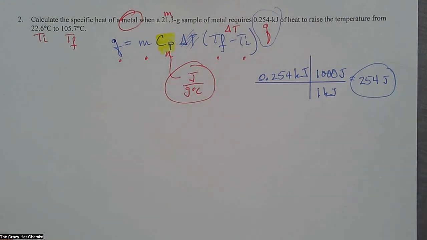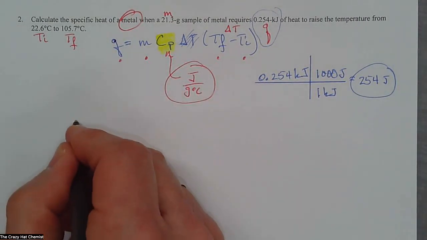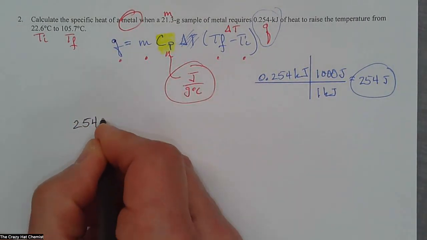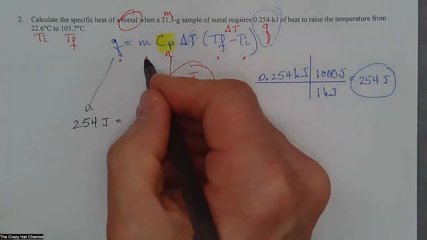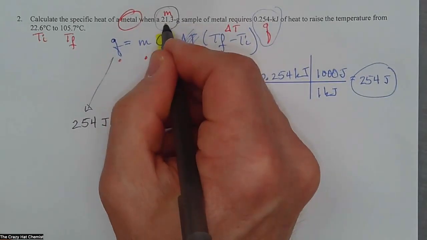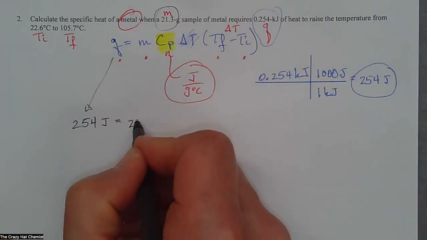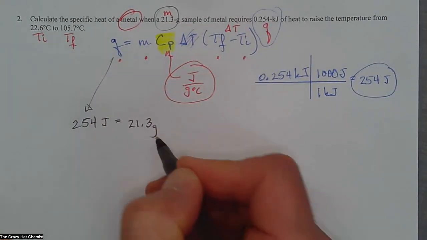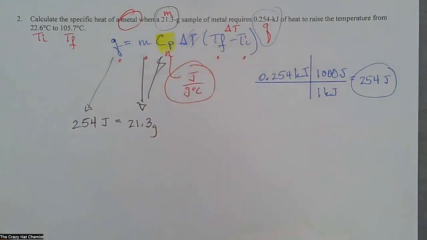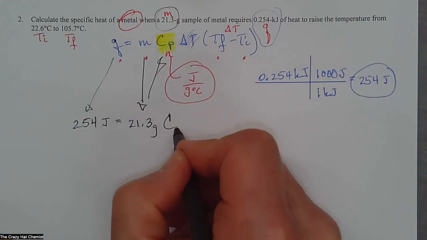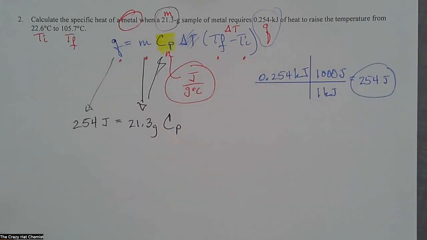For Q, it's going to be 254 joules. That's the Q term. The M term is right here. That's 21.3 grams. I'm solving for the specific heat capacity for the metal.